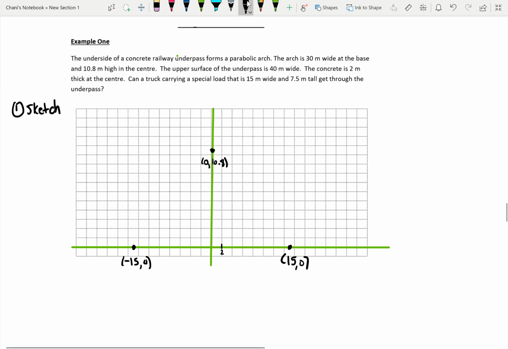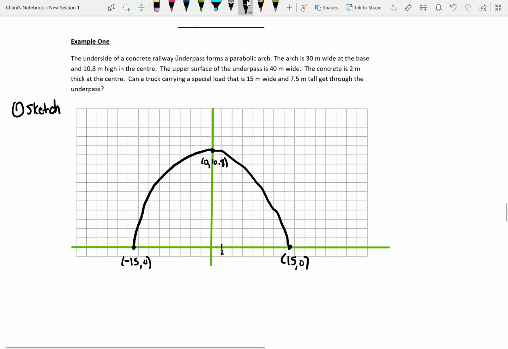It's tempting to just draw it really linear, but remember a parabola forms a nice arch like this. So do your best to represent what a parabola would look like there. So that is the parabola part. Not the greatest drawing, but I did the best I could.